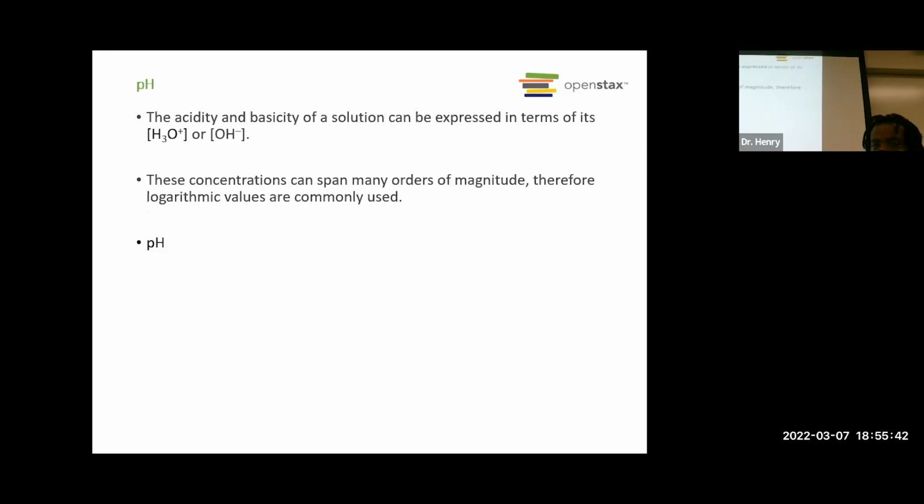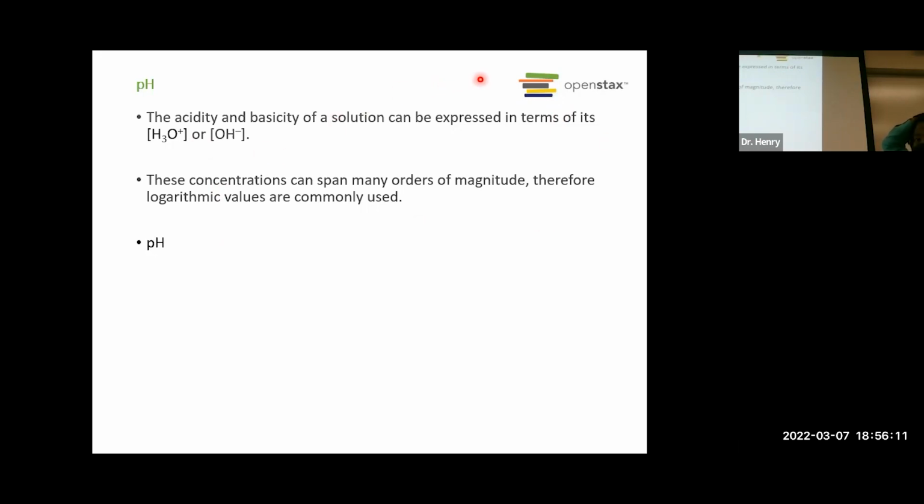And so the acidity and the basicity of a solution can be expressed as the concentration of the hydronium ion or the concentration of the hydroxide ion. Okay, so when we calculate the pH, we are basically taking the logarithmic values of that.